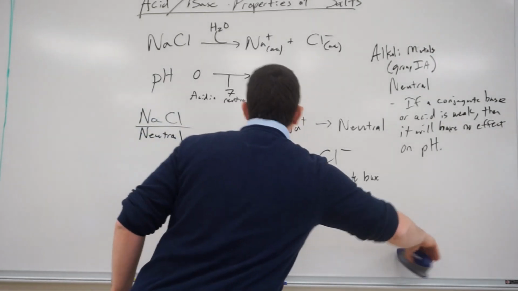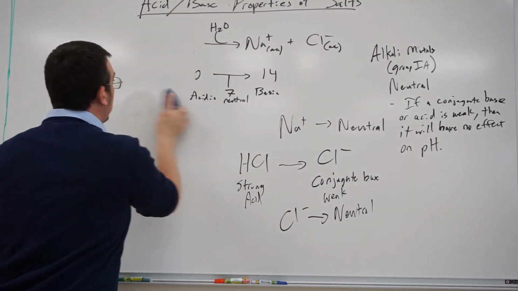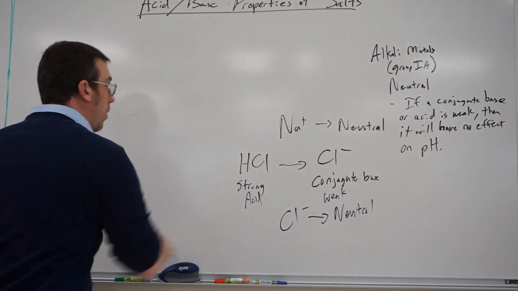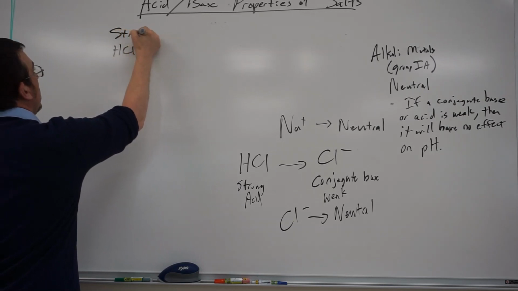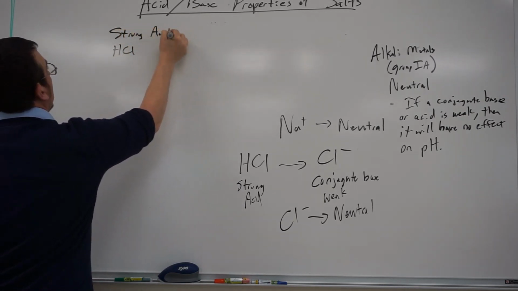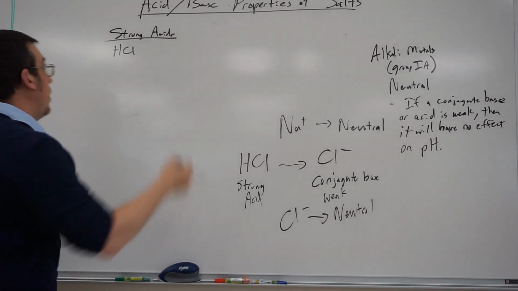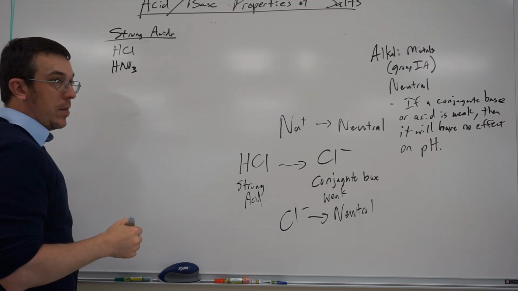So, just to give you a short list of acids, we saw one already, which is HCl. So these are strong acids. HCl is one. Another strong acid would be HNO3, nitric acid.